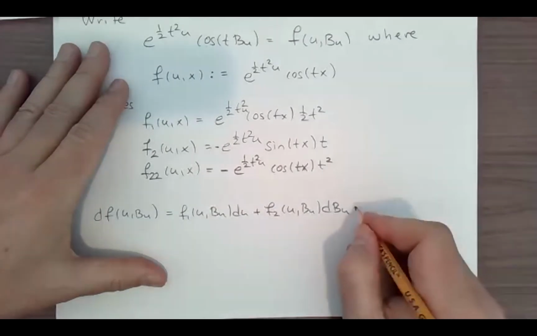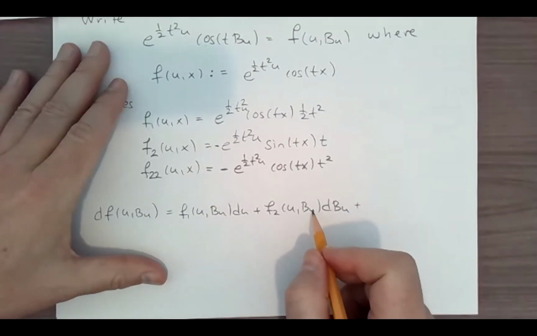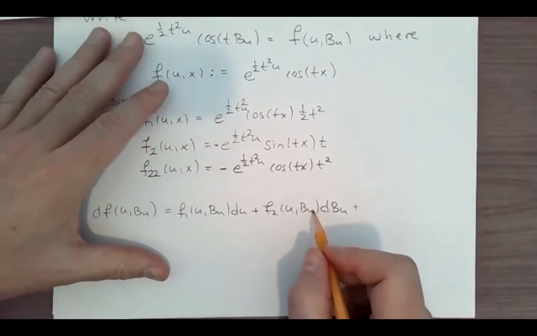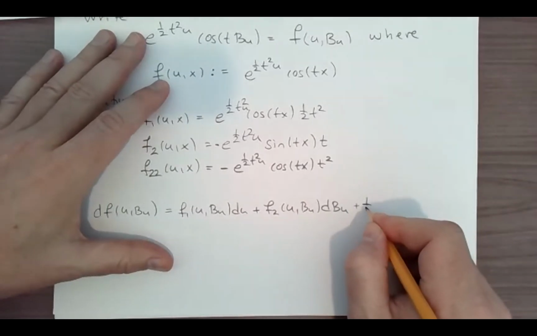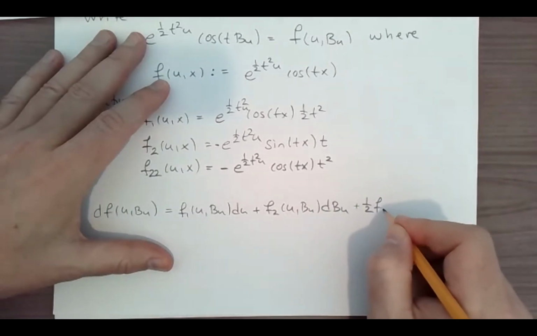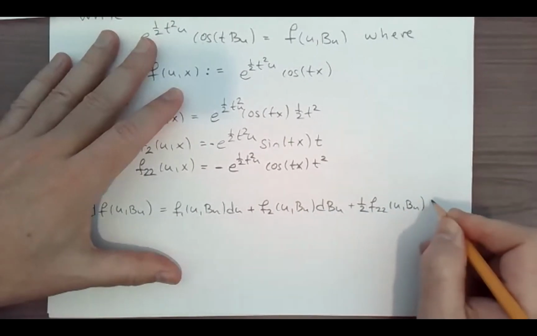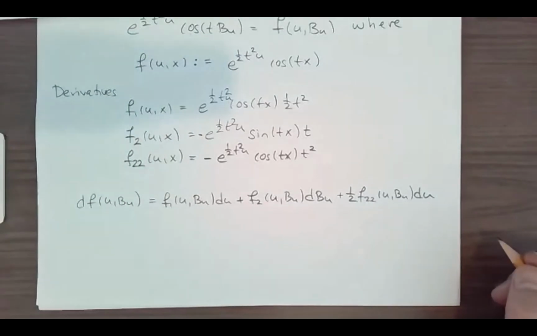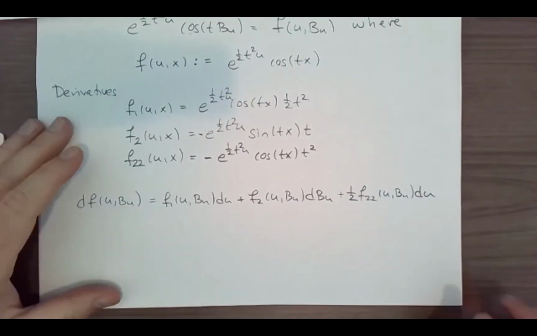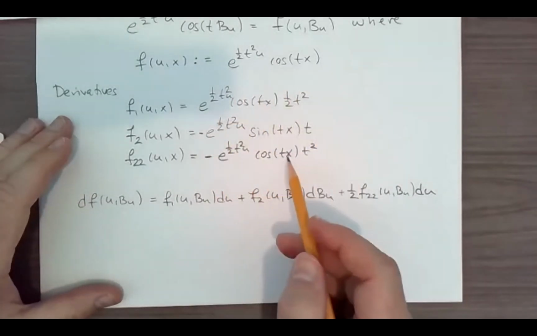And then we need the extra term because the first variation of Brownian motion is plus infinity. The second variation is finite. You get f22 here. And then the quadratic variation of Brownian motion is time. You're going to get du there. And now we plug all these derivatives in there.